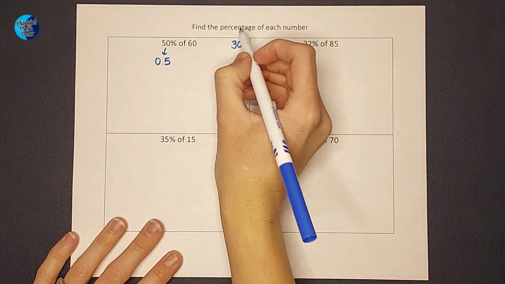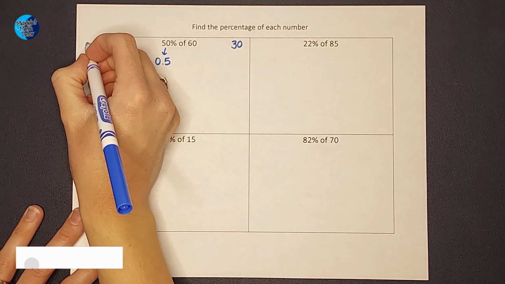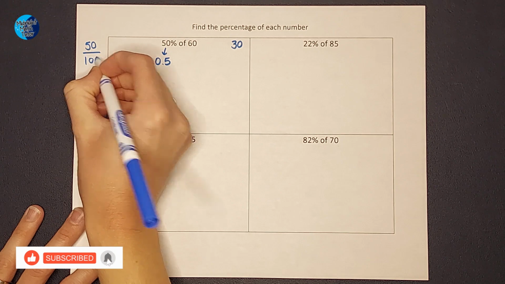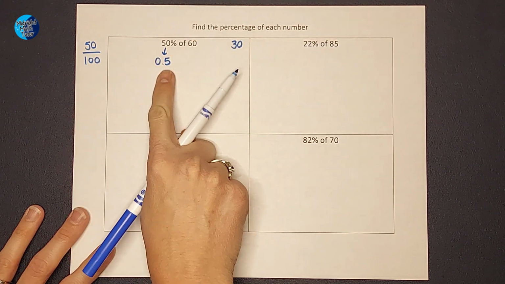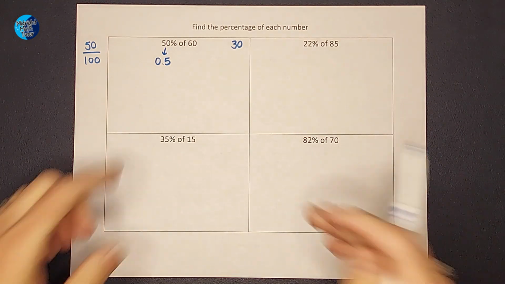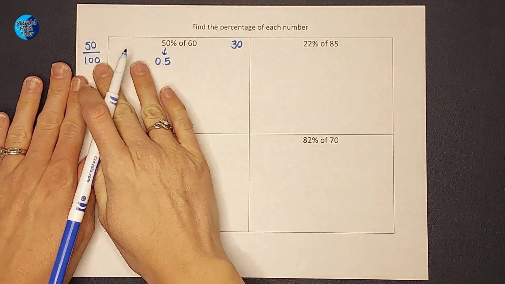Well, percent means per 100. So what 50% really means is 50 over 100. Now, if you stuck this in your calculator, 50 divided by 100, you would get 0.5. So that is where that comes from. This is just the shortcut way to think, oh, move the decimal over twice, but that's really where it comes from.